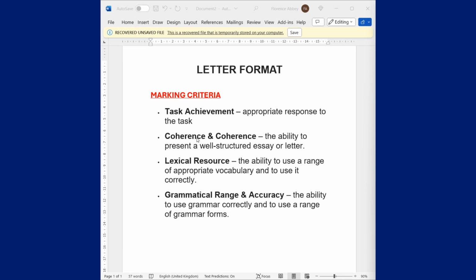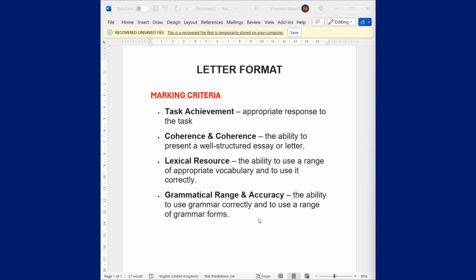The third is vocabulary, where they will assess whether you have a wide range of vocabulary and use it appropriately. The last is grammatical range and accuracy, where they will check your grammar and how well you use different grammar forms.